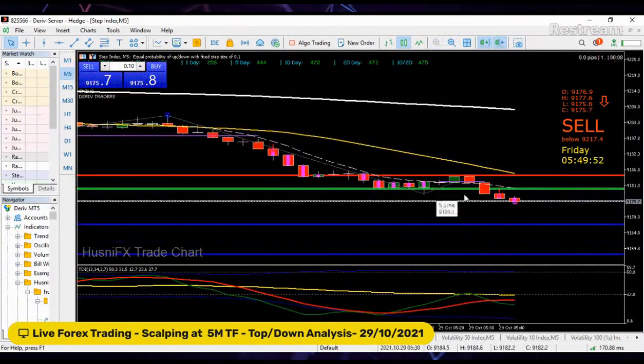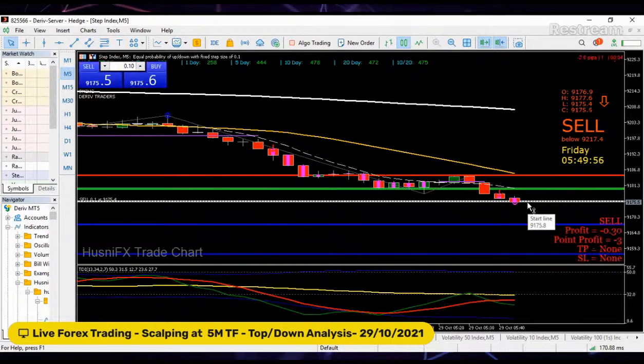This guy has now broken below. This is a Step Index. I should take the sell and explain why I have taken it.